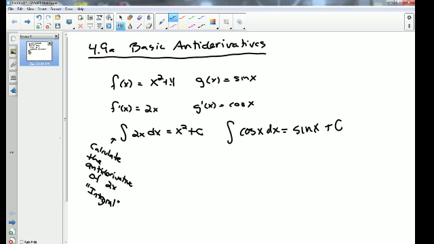Derivative, antiderivative. You could probably take your derivative cards and name all of those antiderivatives now. Just because you know the derivative, you can work the antiderivative and put a plus c on it. That's it.